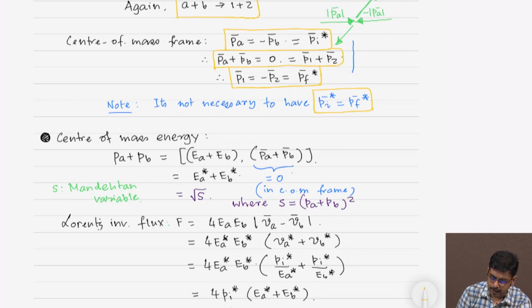Now, in the center of mass frame, the addition of the 4 momenta, Pa plus Pb, we can write in components like this: Ea plus Eb comma Pa vector plus Pb vector. In the center of mass frame, Pa vector plus Pb vector is equal to 0.